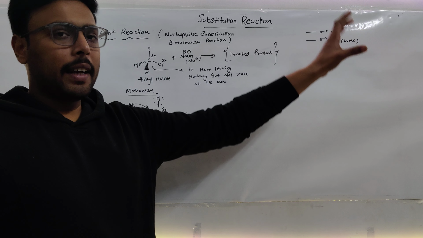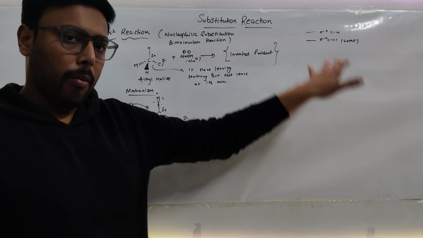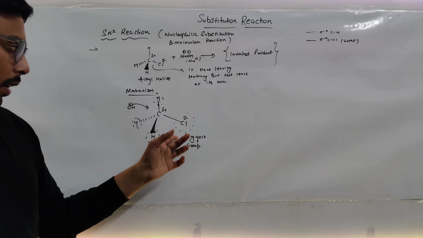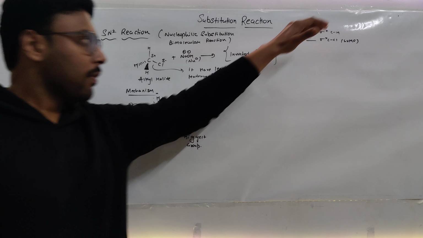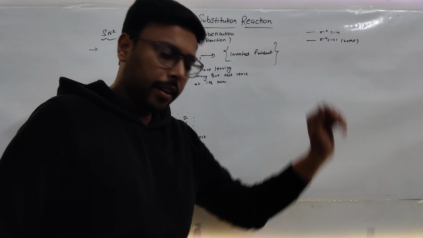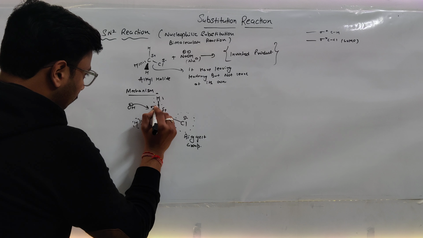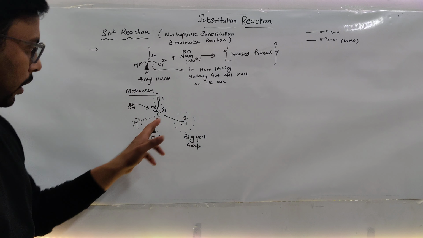Then Bent's rule says that an electronegative atom decreases the size and the energy of the orbital, and Cl is our electronegative atom. So the nucleophile approaches from the back side to the antibonding orbital of the carbon chlorine bond.